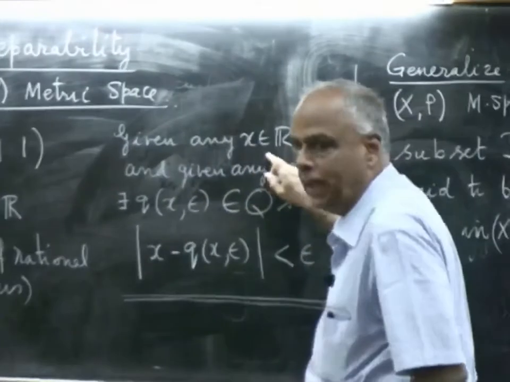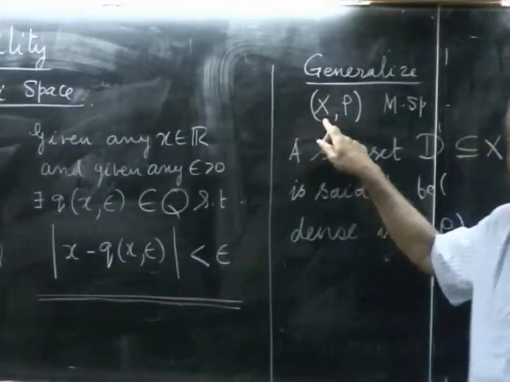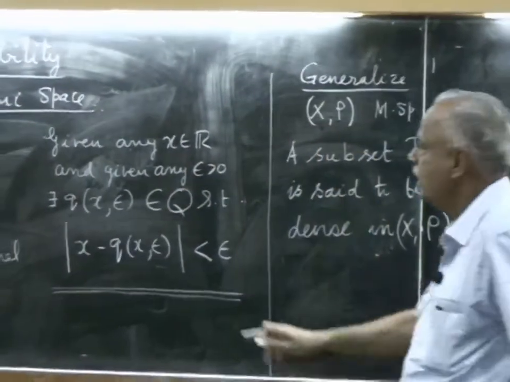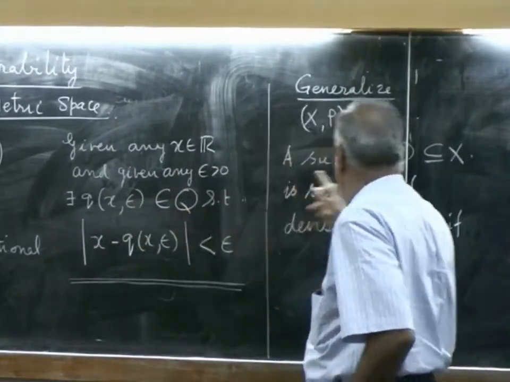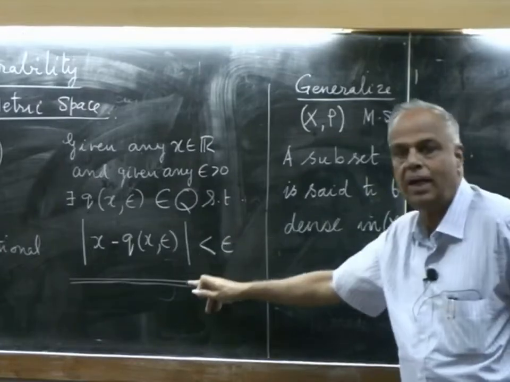Give me any real number. In place of that I should say, give me any element of X and give me any error. Then I can approximate it by an element in D within that error.